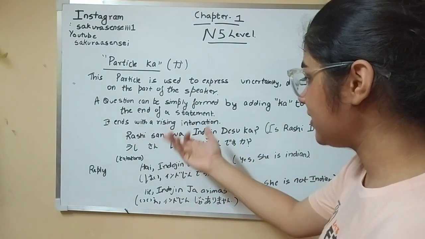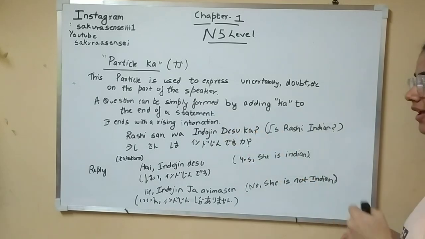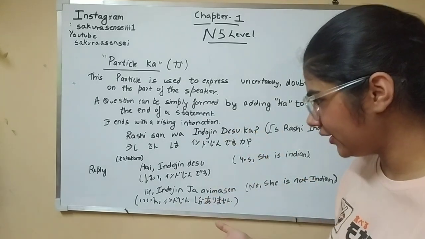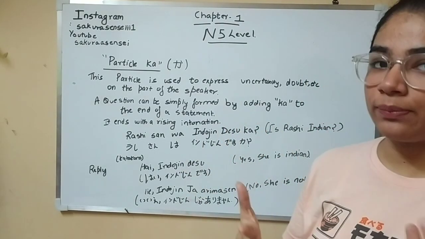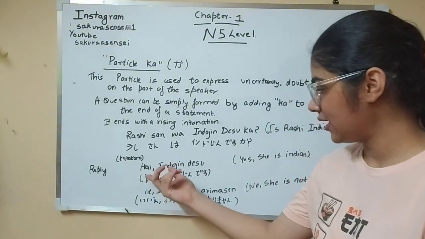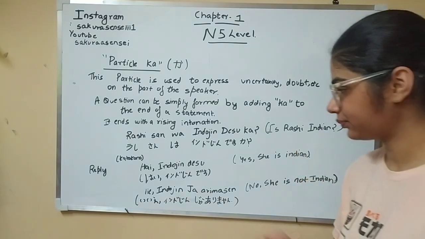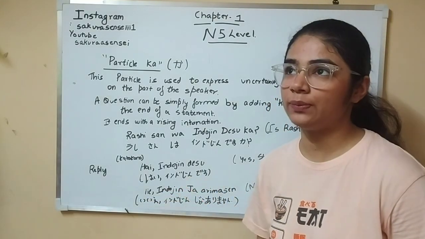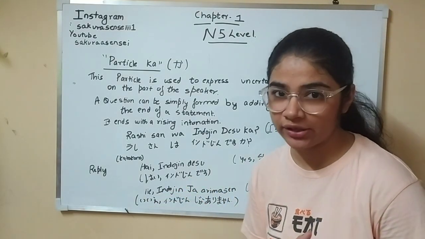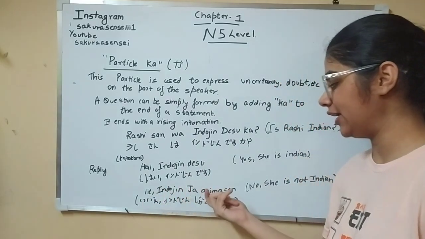So Rashi-san wa Indojin desu ka? Here the speaker is asking, is Rashi Indian? When you reply to a question sentence in Japanese, you will use Hai, Indojin desu. Yes, she is Indian. And if you want to reply with a no, she is not Indian, you will state Iie, Indojin ja arimasen.